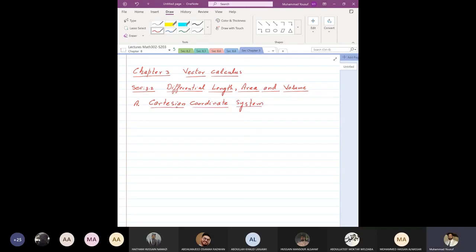So whatever I write in red color, underline it. It is a kind of section heading or some heading.